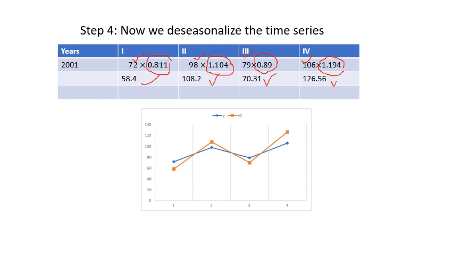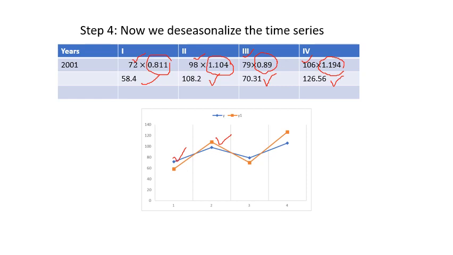You can see in this graph that there are two series. The blue one is the original series, and the orange one is the deseasonalized data.